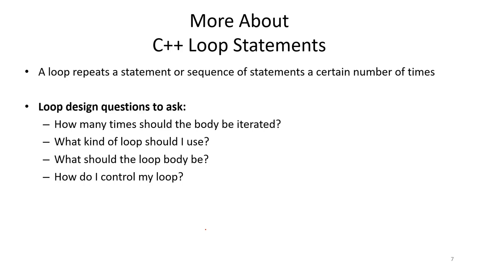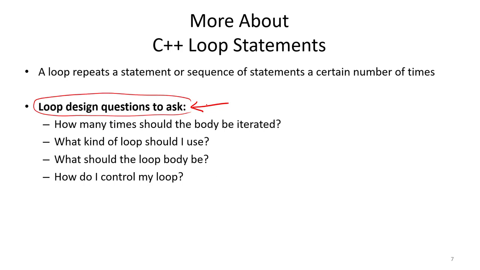So let's talk a little bit more about loop statements. Remember that a loop is basically a statement or group of statements that is designed to repeat a certain number of times. And so whenever you're trying to program using a loop, you want to ask yourself these loop design questions.